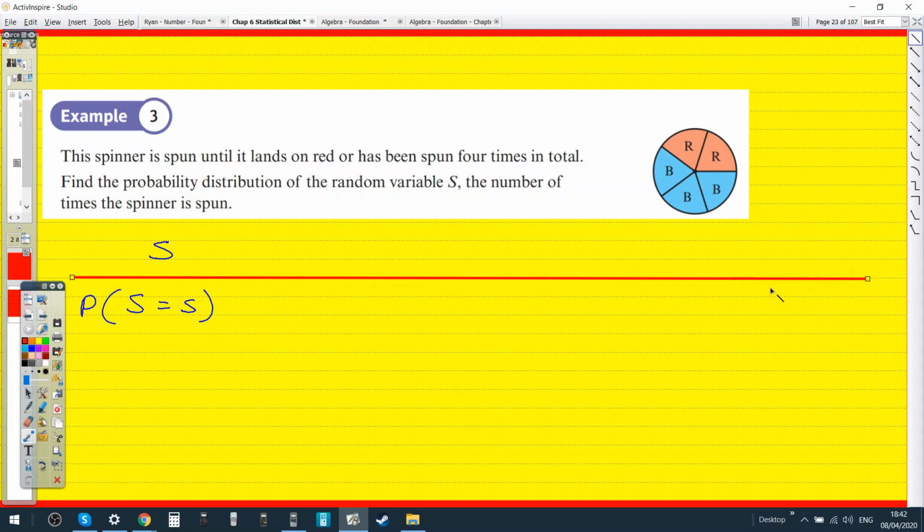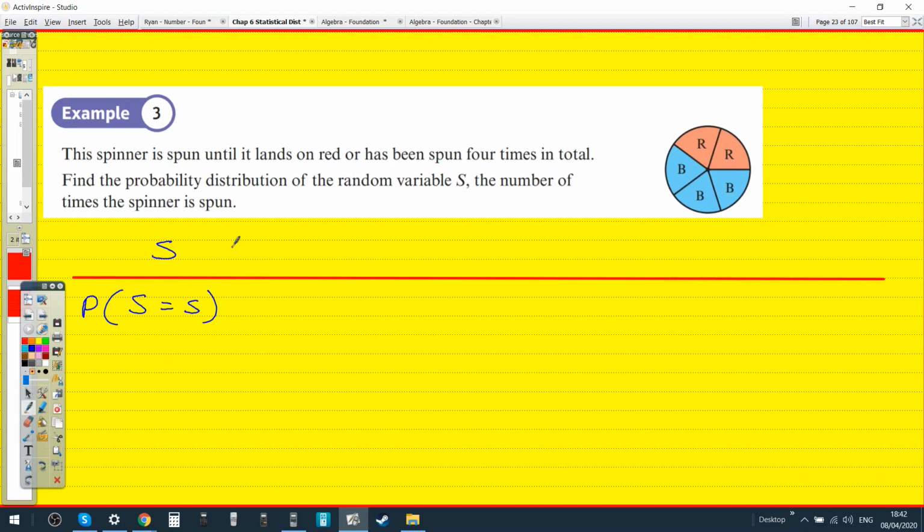So if it lands on red the first time, then it's just R. And so how many times was the spinner spun? If it lands on red the first time, once.